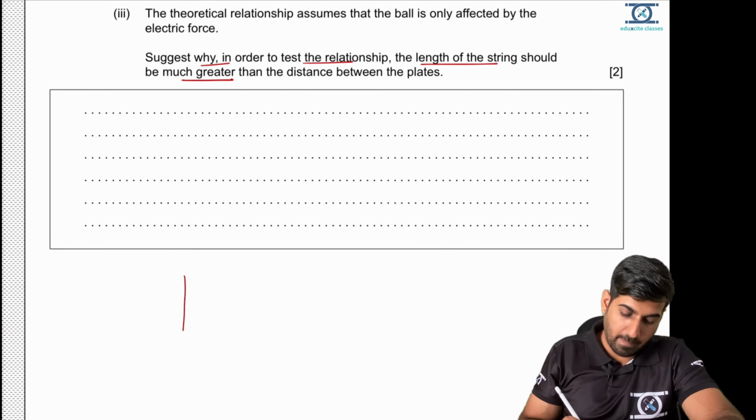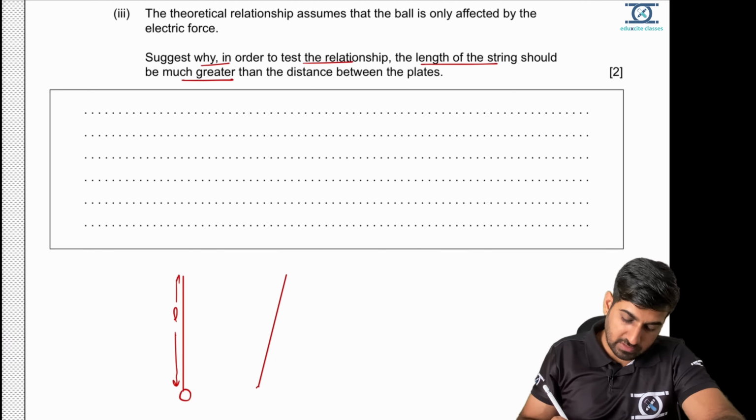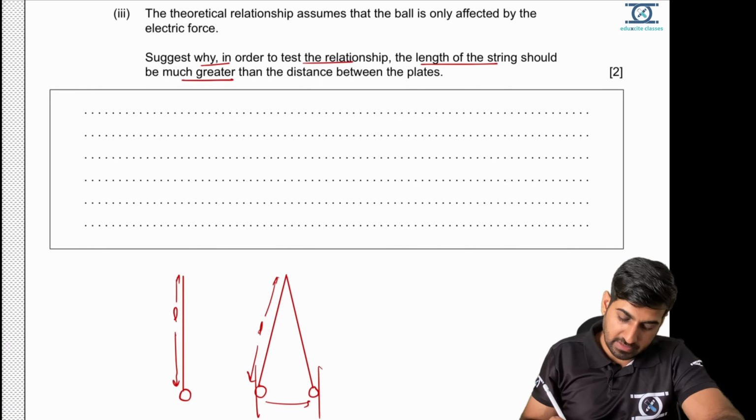Because if you see, if I take this length, and the ball is swinging between the two plates like this, the length has to be very large compared to the distance between the plates.